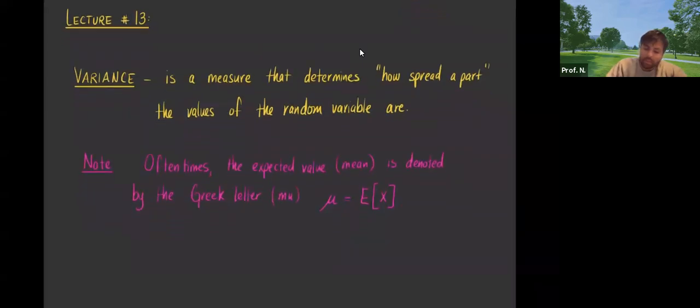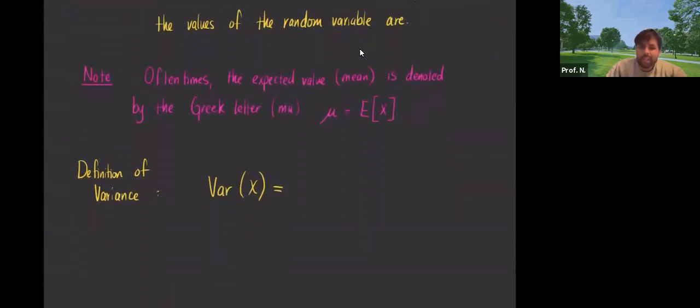Now, why do I say this? Well, the reason is because the variance, by definition, of a random variable is defined as the following. The variance of the random variable x is equal to the expected value of (x minus mu) squared.